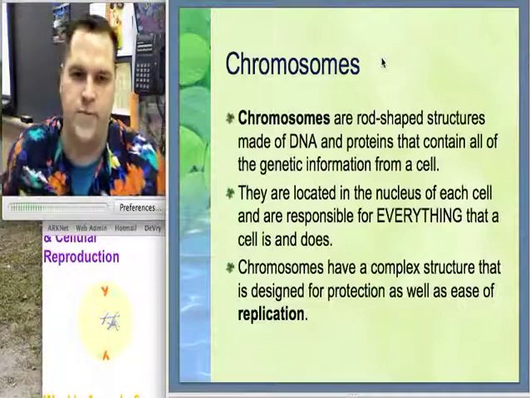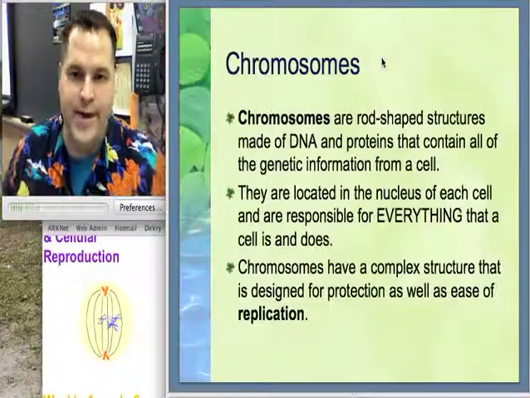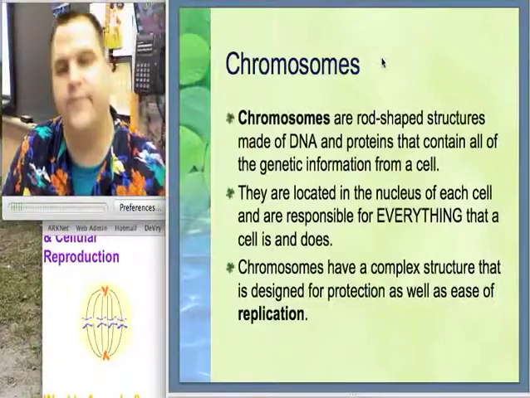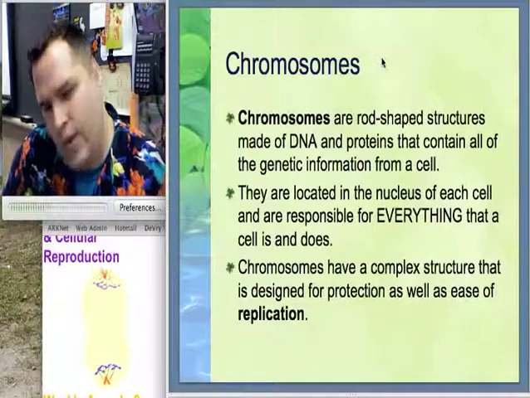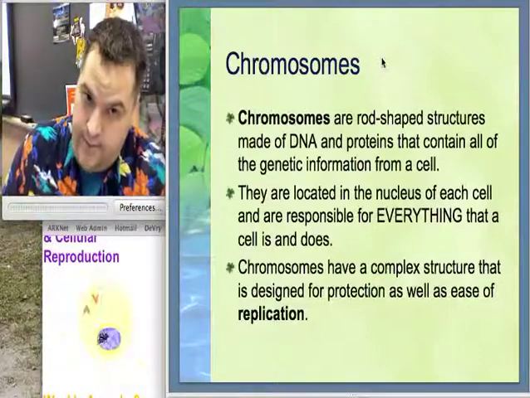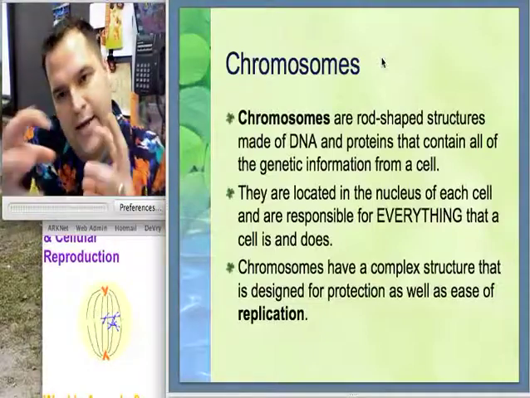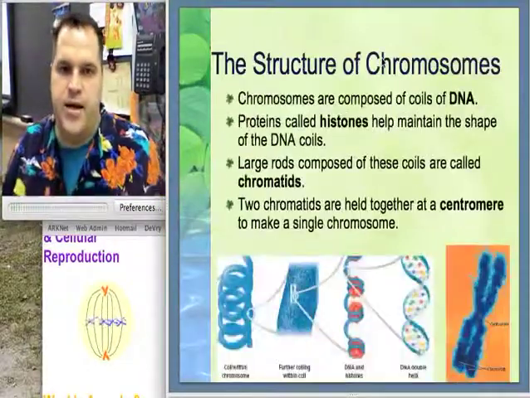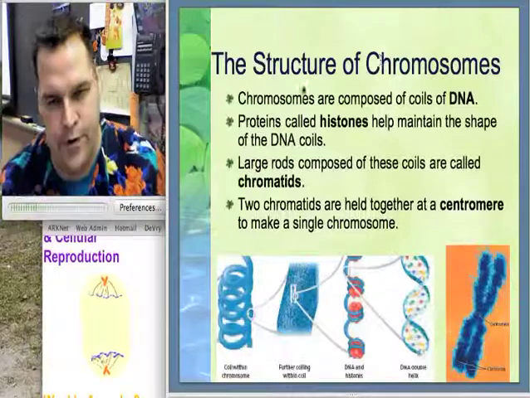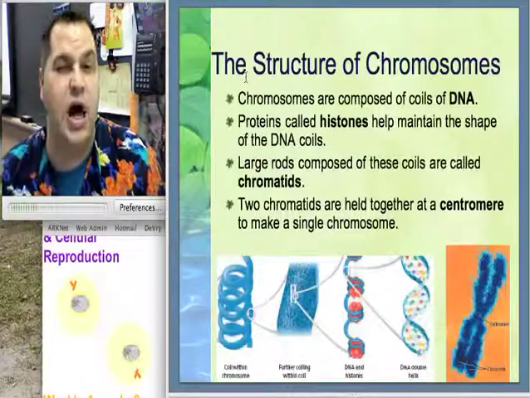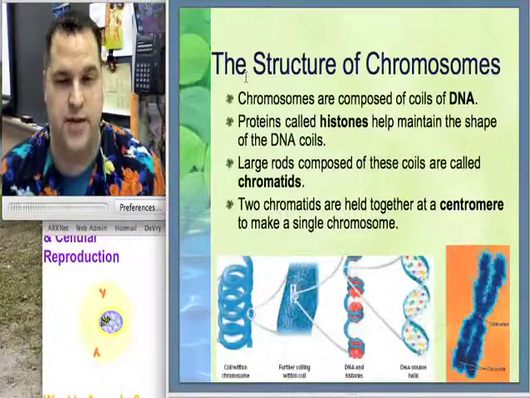So that's what we're talking about in terms of the structure of a chromosome. It does have to be very safe, it has to be easy to replicate, and it has to be tightly wound so that all that information can be condensed. Now, the structure is pretty simple, except that it's compound, which means that it's redundant.